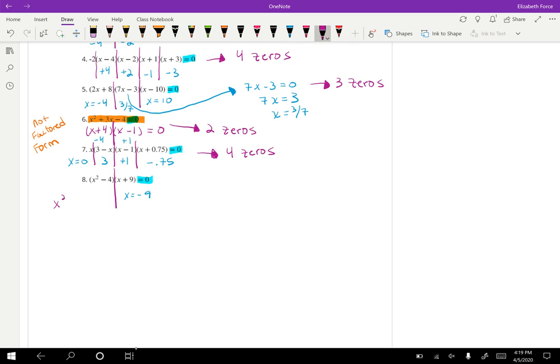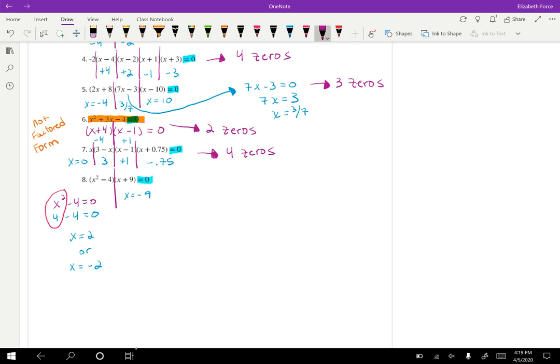So what number squared gives you 4? Most of you are probably saying in your head, 2. And I agree with you. But don't forget that negative 2 also works, because negative 2 times negative 2 is positive 4.